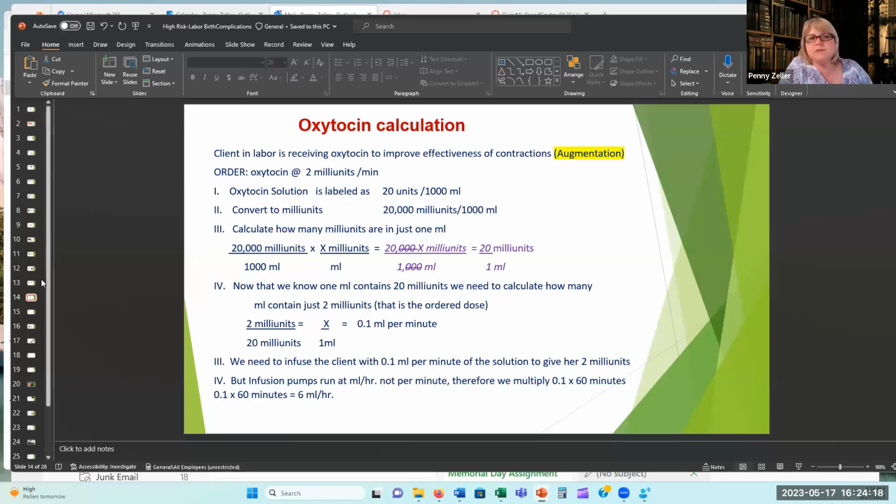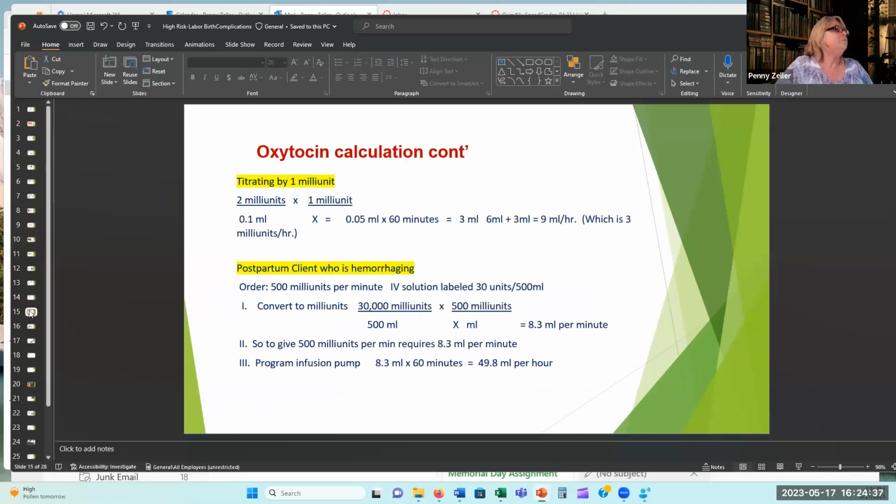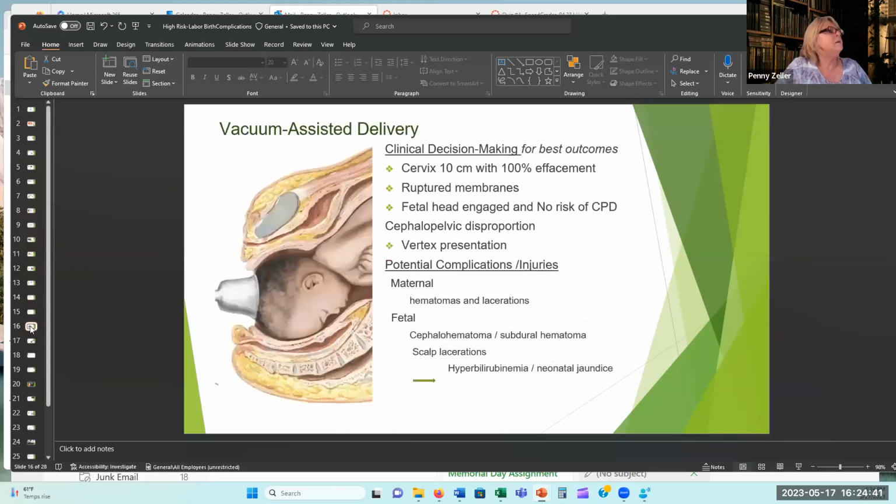And that is 6 mLs an hour. So that's how I do it. Now, this isn't dimensional analysis. If you do your conversions with dimensional analysis, you set it up a little differently. Okay, this is just another thing that you can look at.